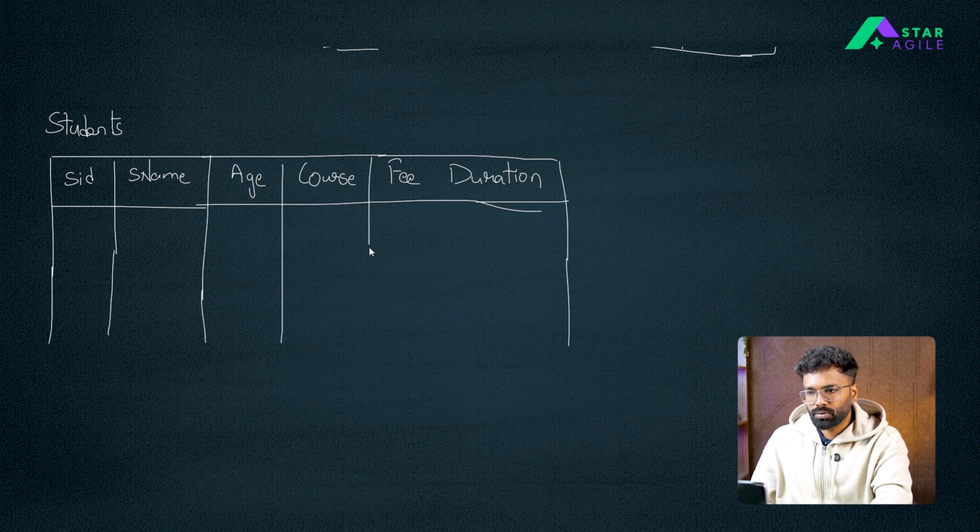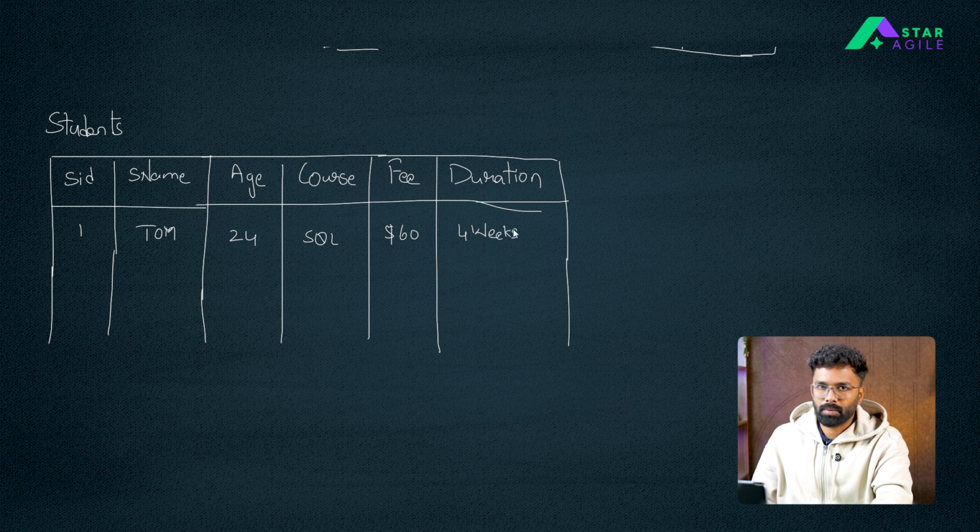If I try to keep data like this in a table: student ID, name, age, course, fee. So now student ID 1, let's say Tom, age 24, and the course is SQL, a fee of $60 and a duration of 4 weeks. A simple example I am giving.